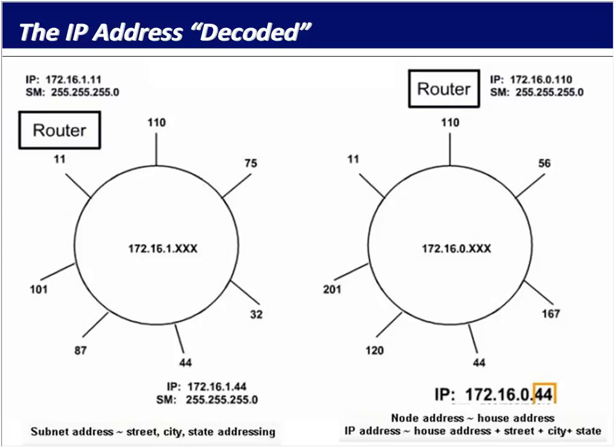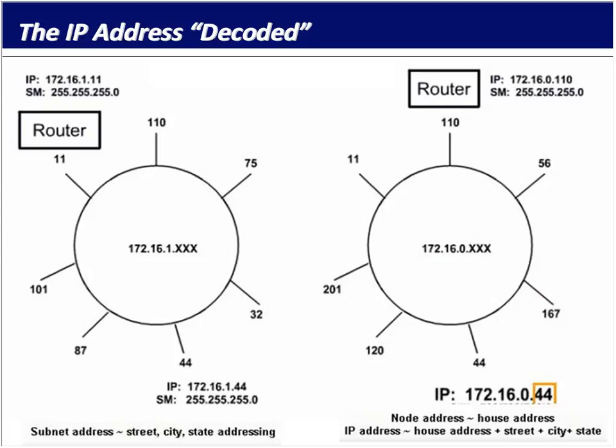Okay? Now if you go over here to this little neighborhood, you see it's kind of similar. This subnet has a state address of 172, city address of 16. However, its street address changes to 0.0, and then you have the different house numbers.